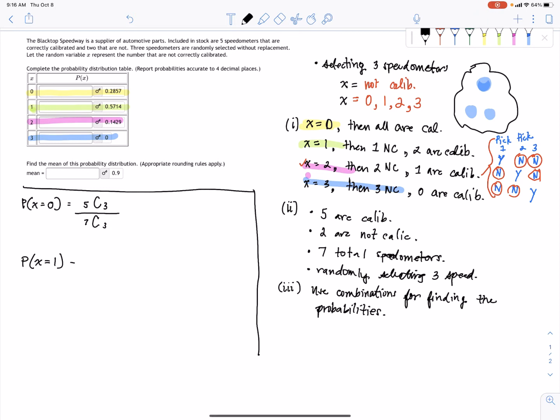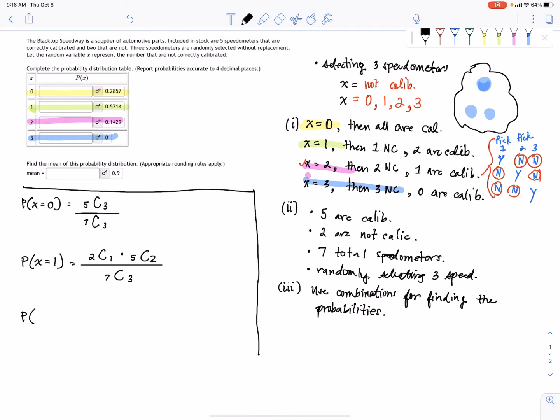So I have 2 choose 1, but then that means I have 2 that are calibrated out of the 5 I'm able to pick from. So if 1 is not calibrated and 2 are, then I have to multiply by 5 choose 2 that are calibrated, all over, well, just 7 in the box, choosing 3 speedometers.